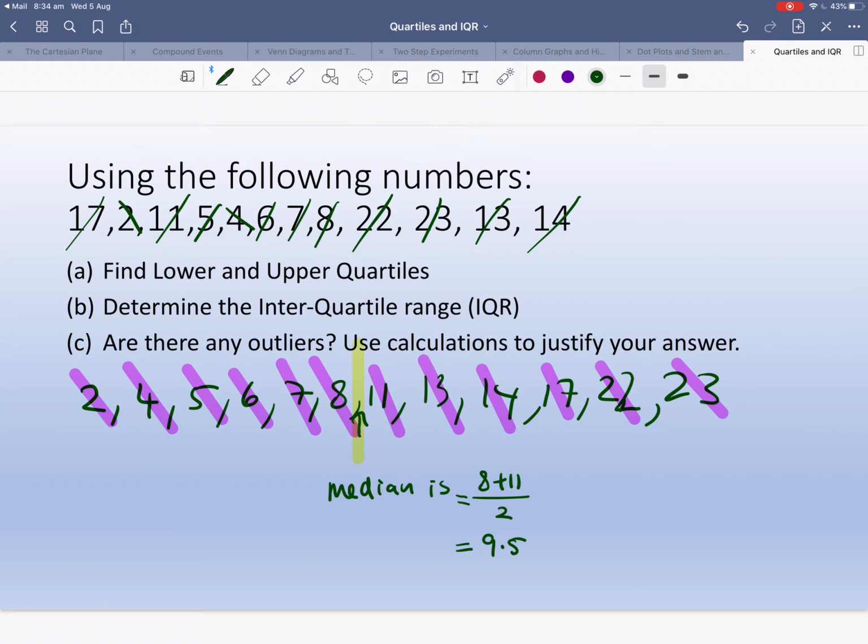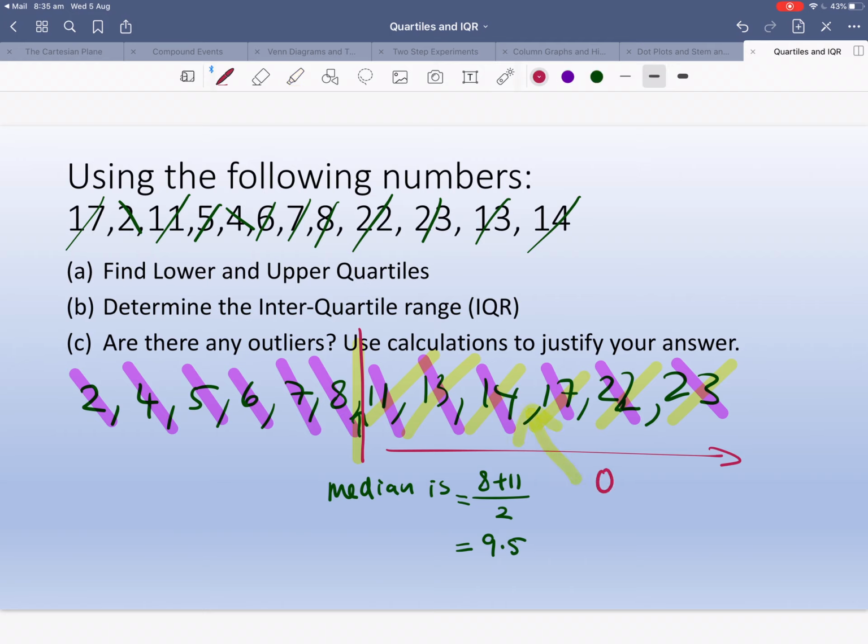Now that I've got my line here, I'm going to have to find the median of the upper numbers. So I'm going to use a different highlighter. And what I have is I have my Q3 will be in there.